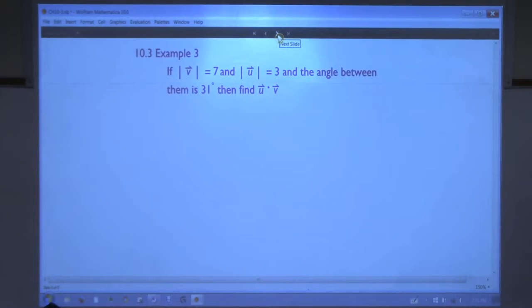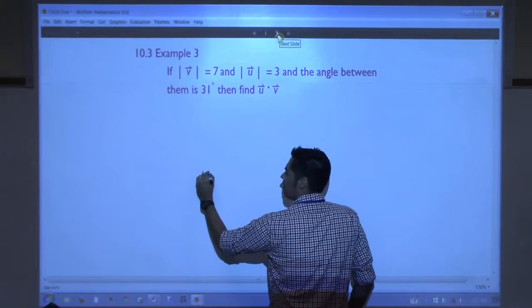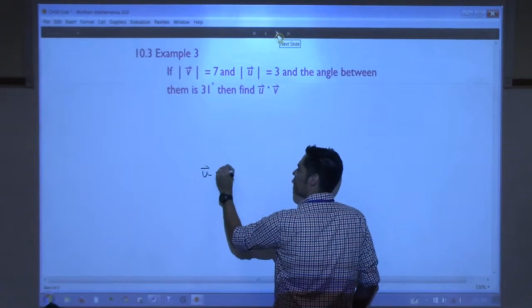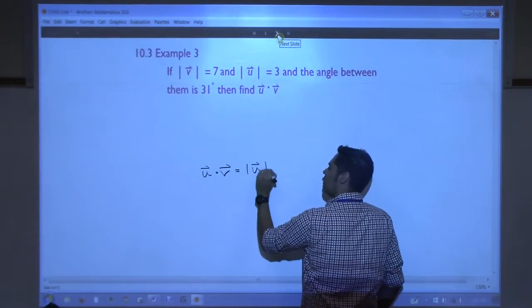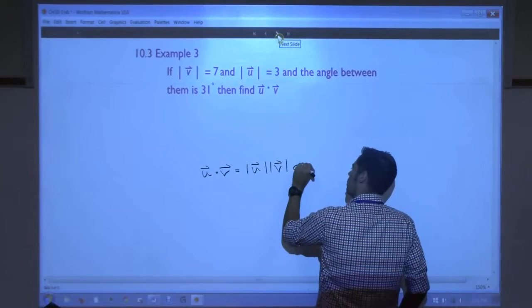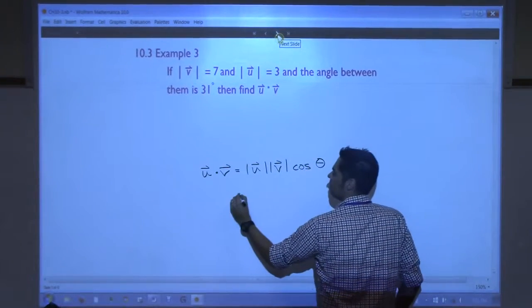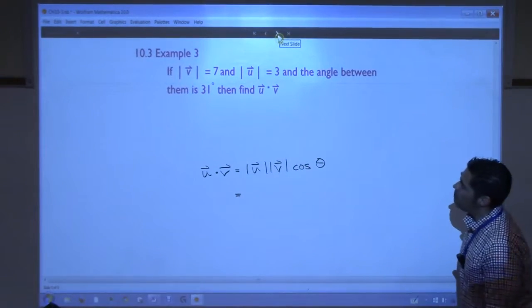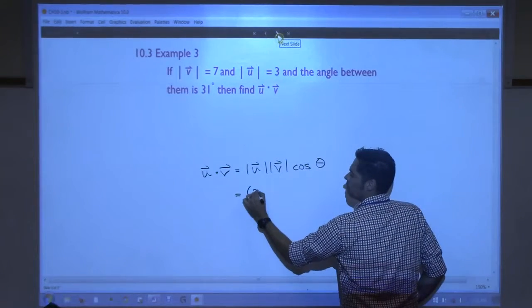What's the dot product if I give you the lengths of the two vectors and the angle between them? U dot V is the magnitude of U, times the magnitude of V, times the cosine of the angle between them. What's the magnitude of U? 3.